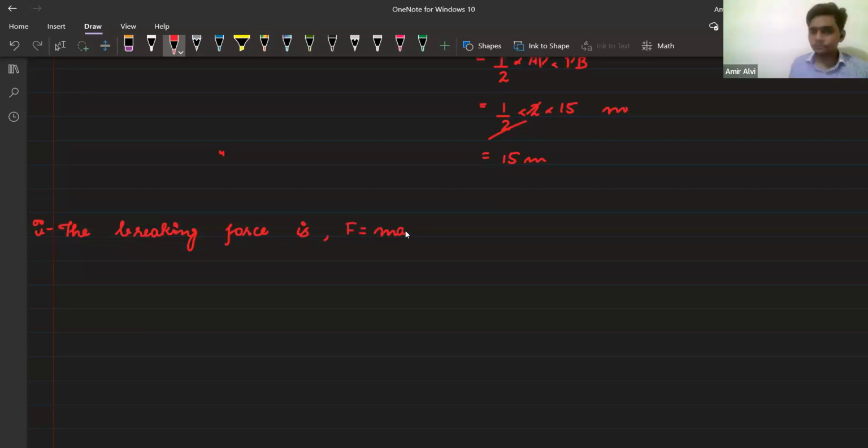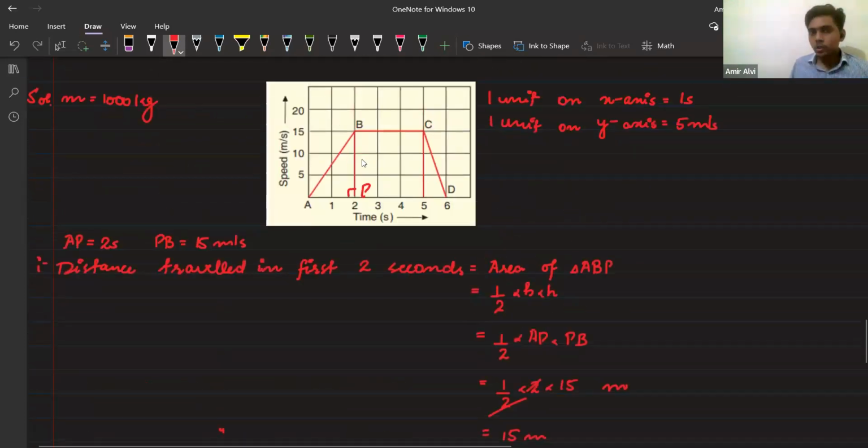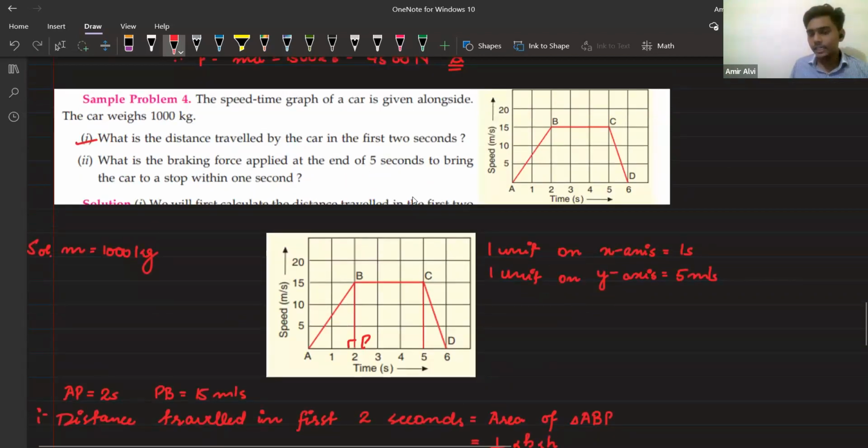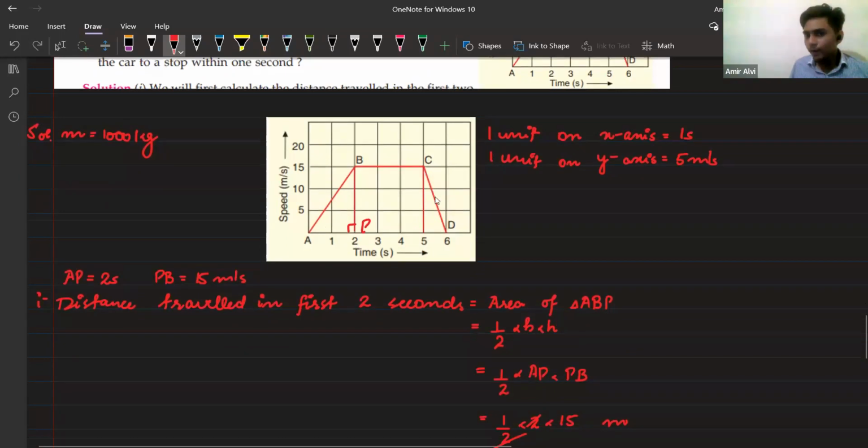Everyone, yes or no? Okay. So as you can see, we have the mass of the body, but we don't have the acceleration. The question is saying at the end of the 5 seconds, it means that there is only acceleration in this phase. So we have to calculate the acceleration of this phase, because at this point, the car has some velocity. From this point, the velocity of the car starts declining.